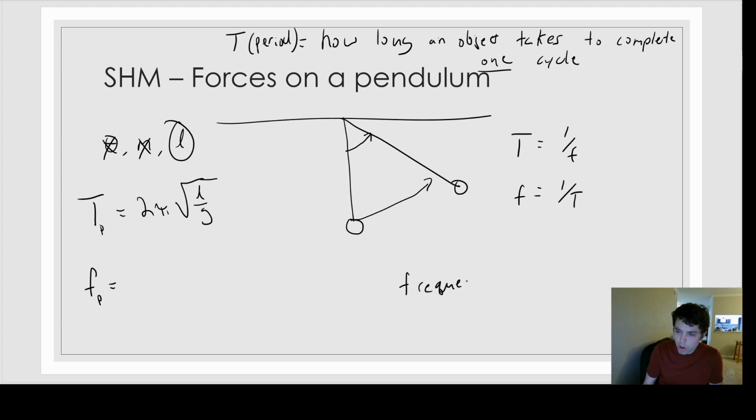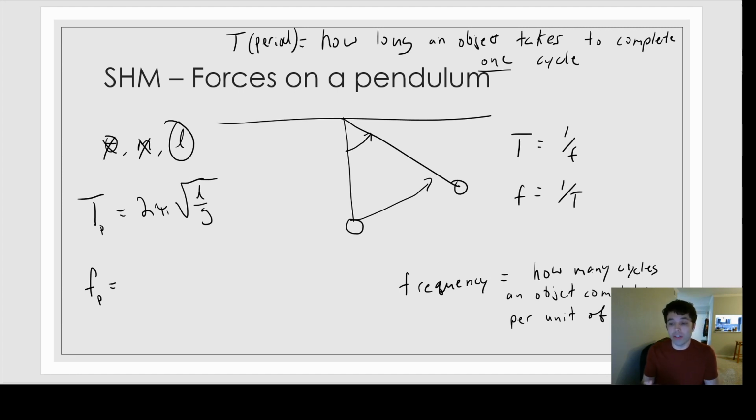Frequency is how many cycles an object completes per unit of time, usually in 1 second, but it doesn't have to be a second. Right? So usually it's how many cycles per second, but it can be RPMs, revolutions per minute. So that's frequency based on minutes instead of seconds, but you get the idea.